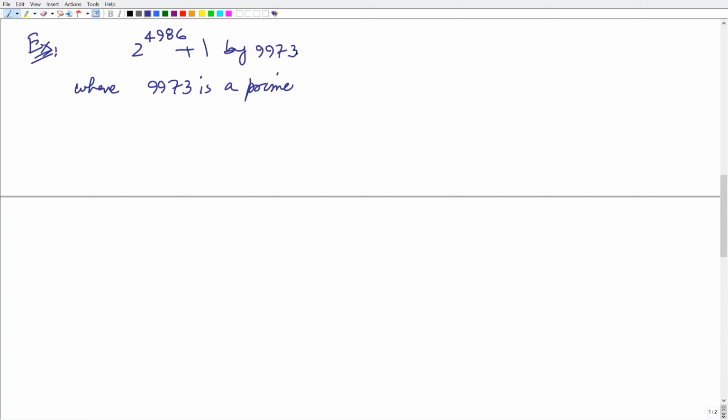Since it's a prime number, we divide 9973 by 8. Then we have remainder 5 modulo 8, which means this is minus 3 modulo 8.